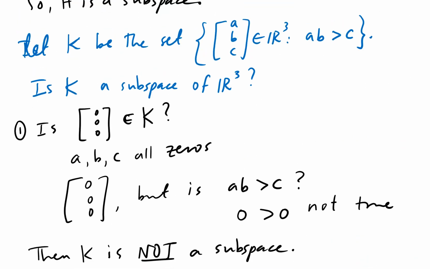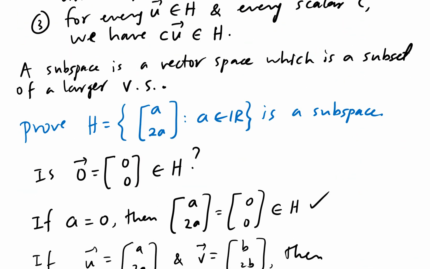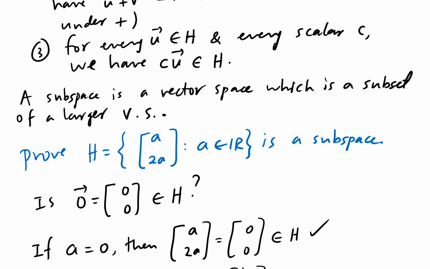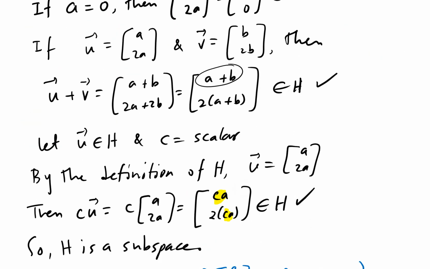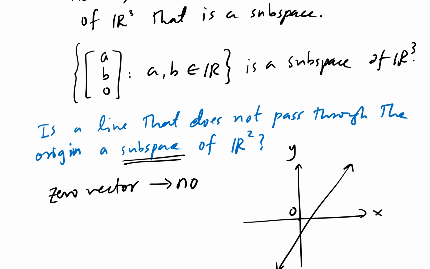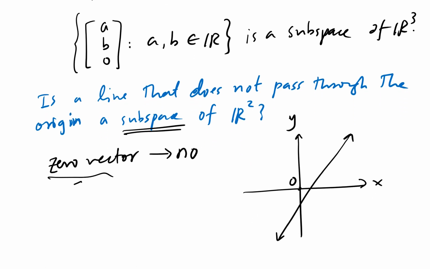Again, what are we testing? Those three properties. The first property says, is the zero vector in H? H here is basically the set of all straight lines that do not pass through the origin. And the zero vector 0, 0 is just the point itself there.